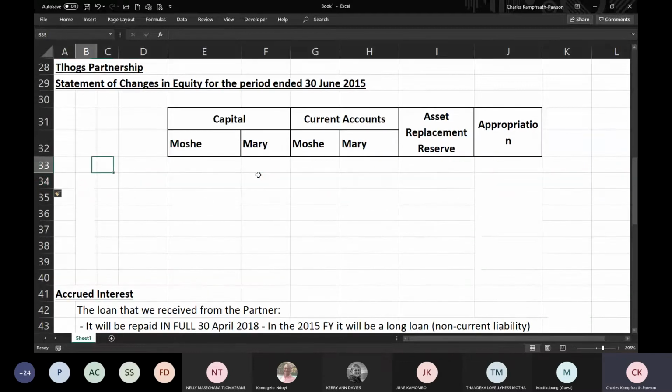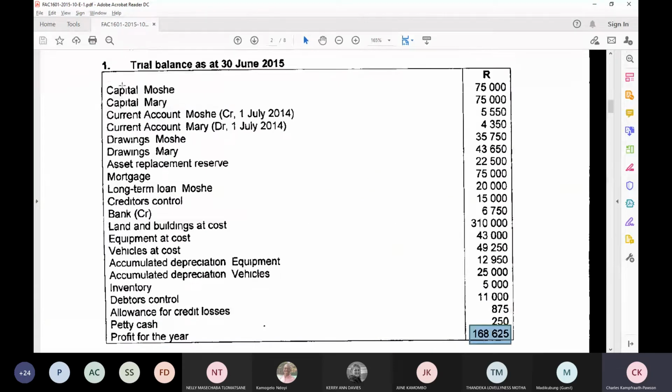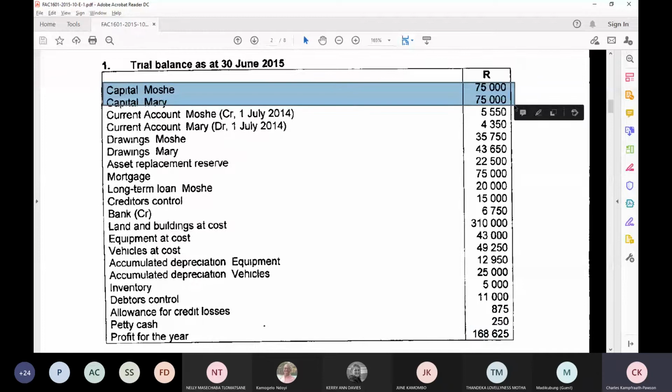We always start with the opening balances. So let's look at the given information. The given information gives us the capital of both partners, and nothing in the information tells us that the partners increased or decreased their capital.